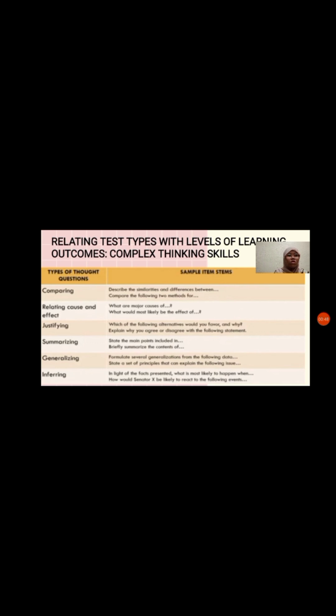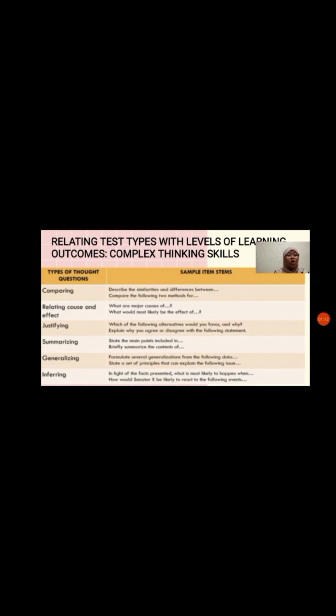On your screen, you would see the different types of thought questions and the sample item stems. So when we say sample item stems, we are talking about the possible test item or assessment item that we could use targeting the particular type of thought questions cited on the first column.